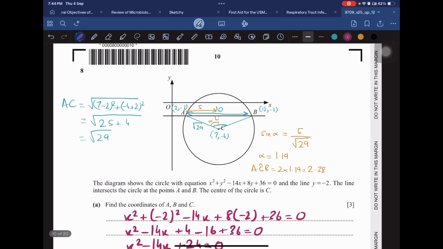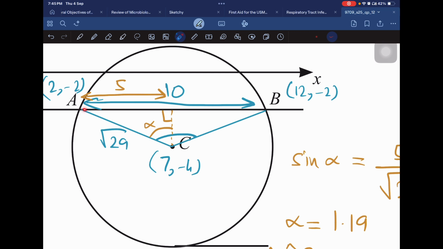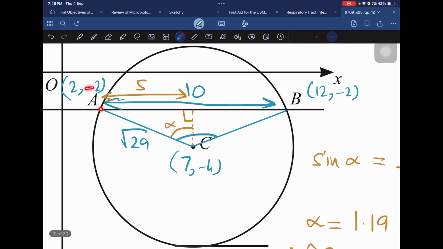So if we look at the triangle, it has this base which is 10, and then this is the height. So the y coordinate of A is -2, y coordinate of C is -4. So that means that this height is 2 and this base is 10, and it's an inverted triangle.